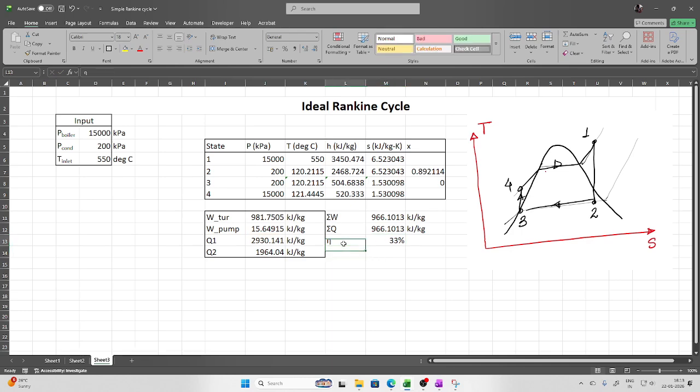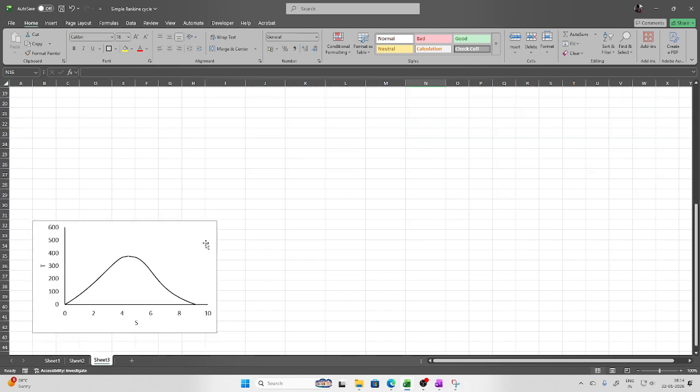This is with respect to heat transfer, and now we'll do it with respect to net work output, which is net work divided by Q1. Again, you can find out the percentage. So this is how you can model the Rankine cycle using your Excel.